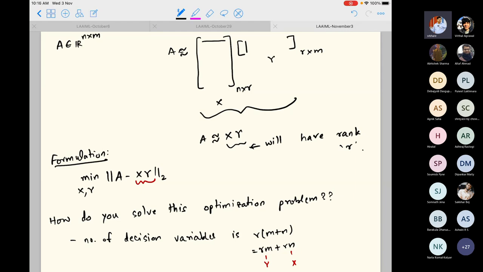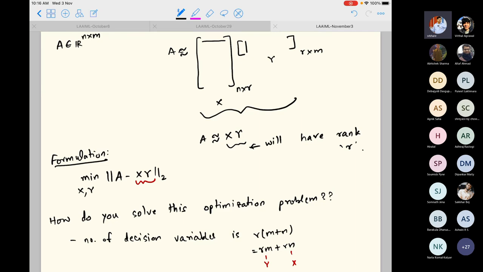So it is not purely quadratic, there is a product of decision variables also taking place. Do you see that, Kshitish? Yes, sir. It is kind of complicated. If the product of decision variables were not taking place, then we could have just said it's a quadratic problem. But now there is a product of decision variables also taking place.